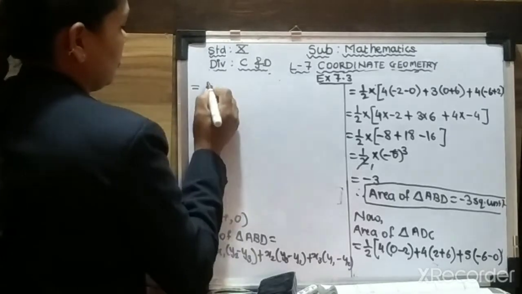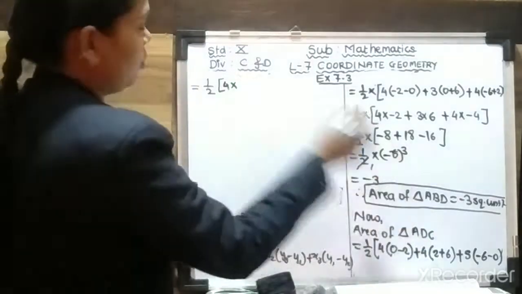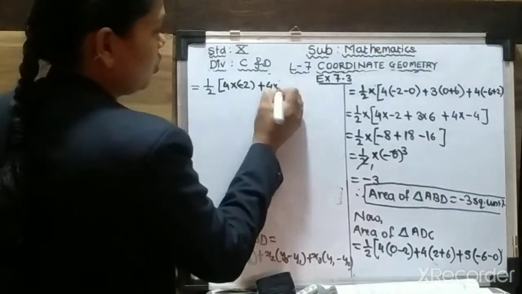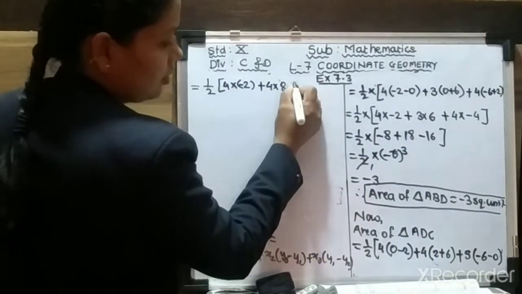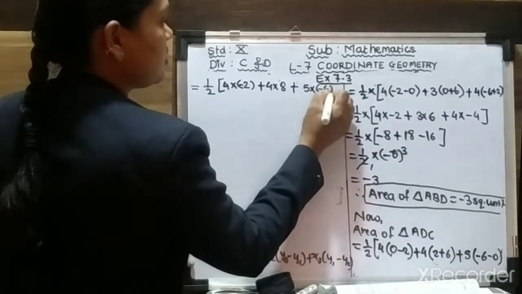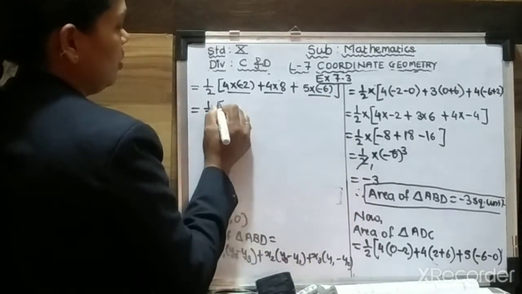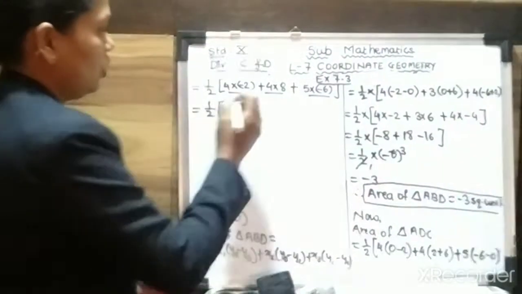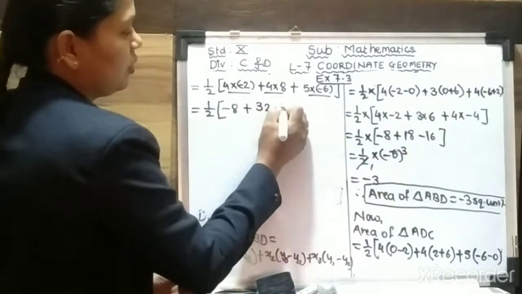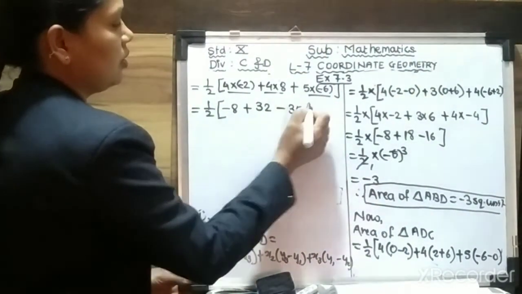See, 1 upon 2 inside a bracket: 4 multiplied by 0 minus 2 is minus 2, plus 4 into 2 plus 6 is 8, plus 5 into minus 6 minus 0 is minus 6. Now the multiplication of these, 1 upon 2. 4 twos are minus 8, so we will write here minus 8. Then plus 4 eights are 32, plus minus, we will get 5 sixes are 30.